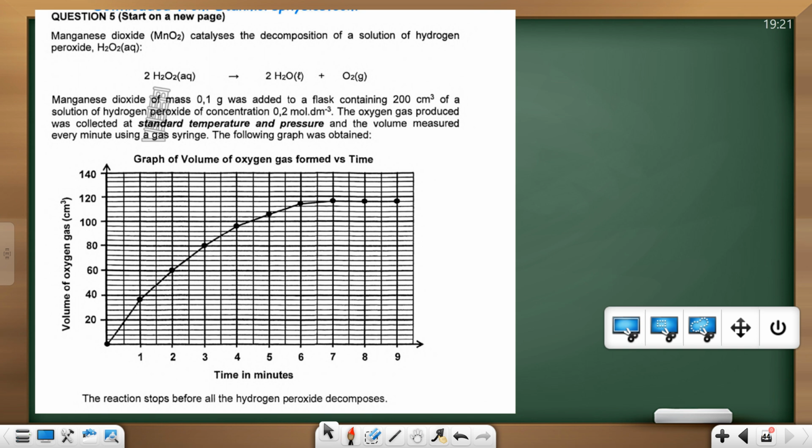The oxygen gas produced was collected at standard temperature and pressure, and the volume measured by a syringe. So we have a graph like that, right? The reaction stops before all the hydrogen peroxide decomposes. Do you know what that means? It means when the reaction finished, we still have hydrogen peroxide that did not decompose.